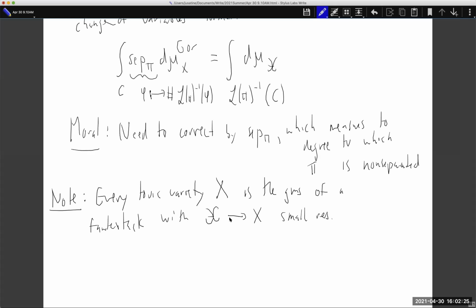There's a whole story about how this is related to Yasuda's work on the inertia stack, and how something like the inertia stack and twisted arcs are one approach to dealing with this issue where sep sub pi is 0.